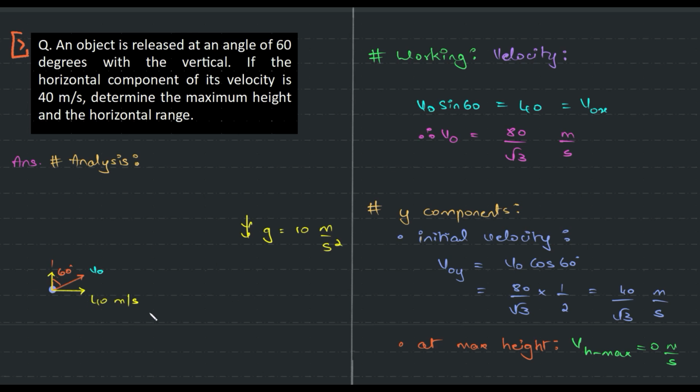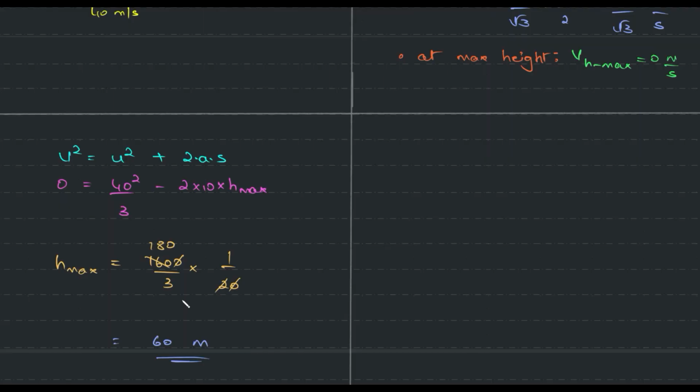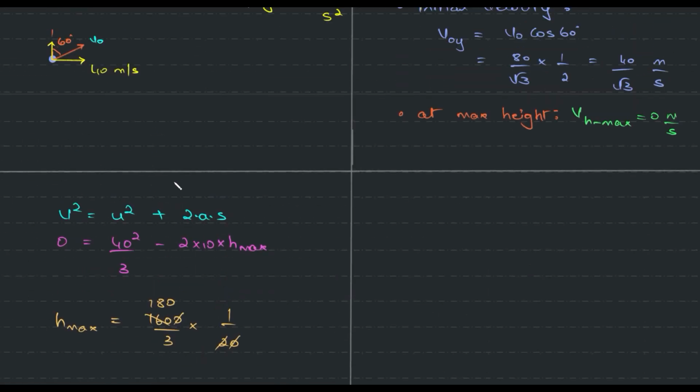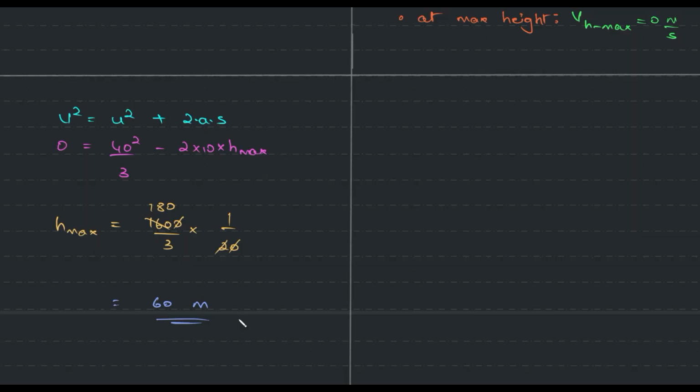That's 40 meters per second. Did I do anything wrong? This is 1600 by 320. That's a pretty big number. Okay, this is not 180, this is 80.